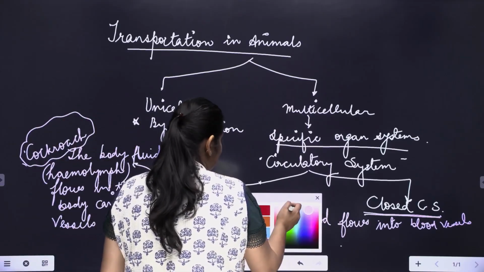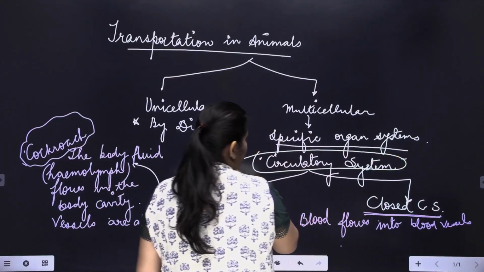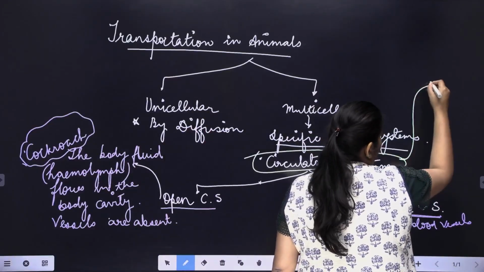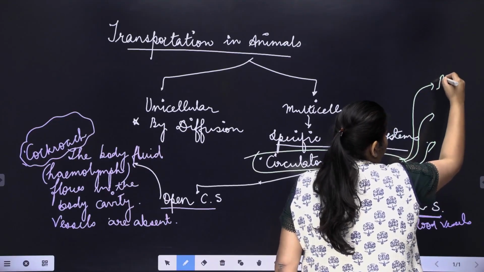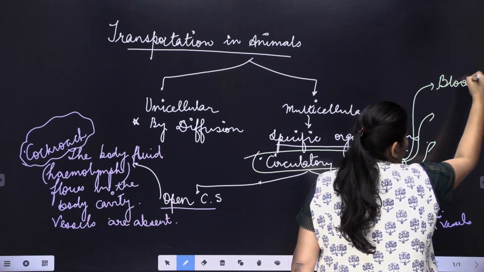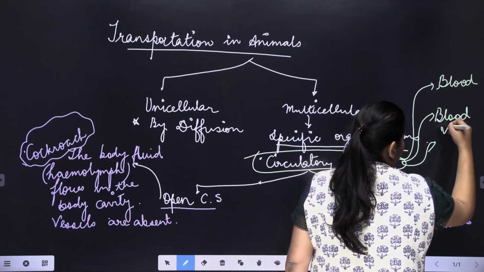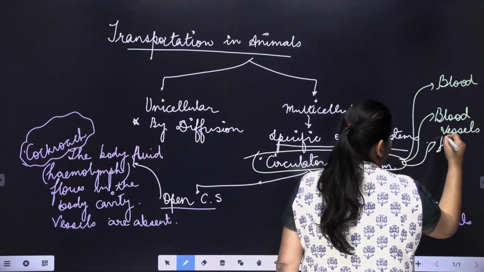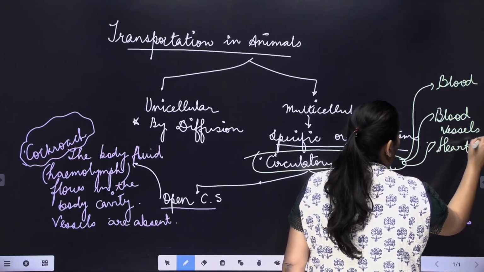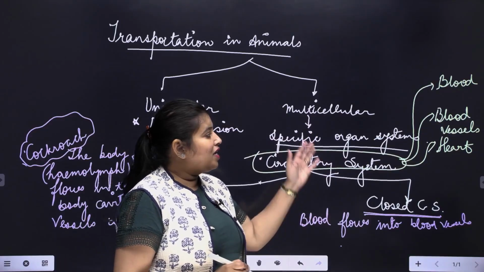Now, this circulatory system comprises three things in our case: the blood, the circulating medium, the blood vessels, and the pumping organ, the heart. These are the three structures that we will be taking in detail.